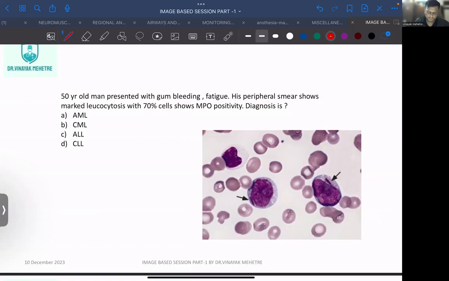क्वेश्चन तो समझ लो पहले। 50-year-old, right? That means adult, है ना, adult। Gum bleeding and fatigue, right. एक और हिंट है इसमें, that is going to make it confirmatory diagnosis.